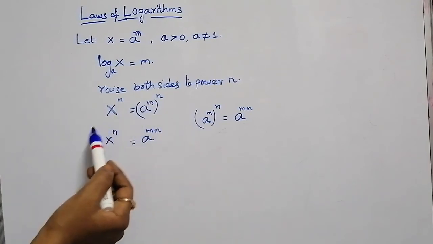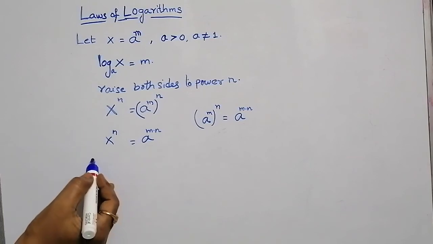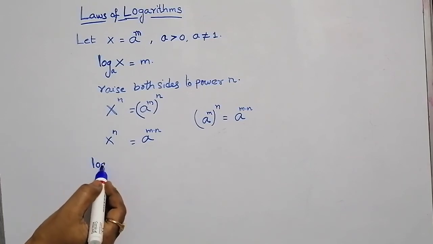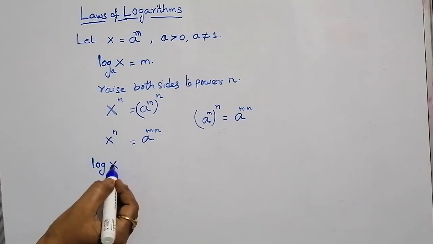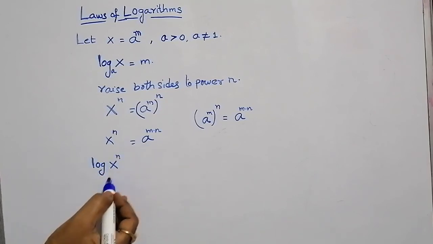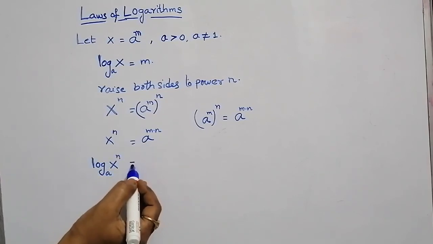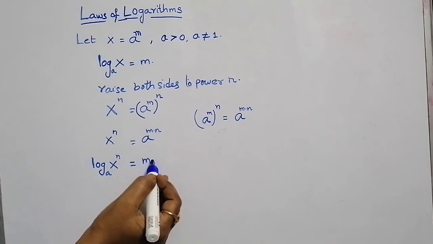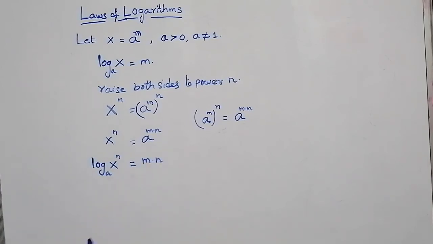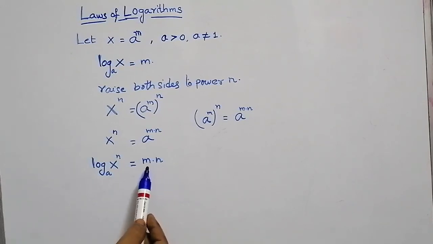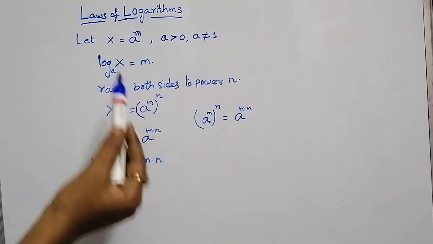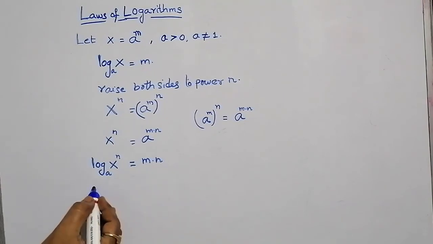If we take this from exponential form to logarithmic form, log of our number is x power n, the base is a, and the power you write in the RHS part. See here, m into n we got here. But we know that m is equal to log x to the base a. Substitute here.